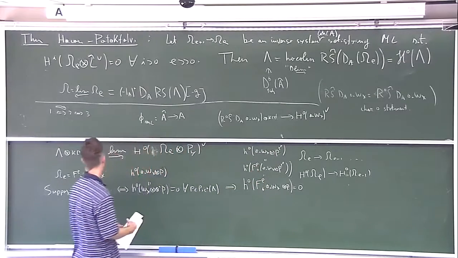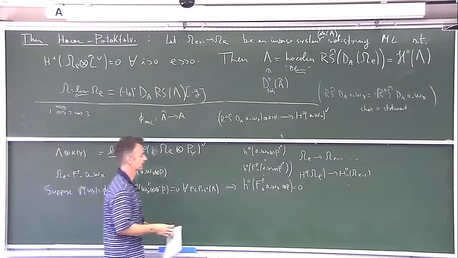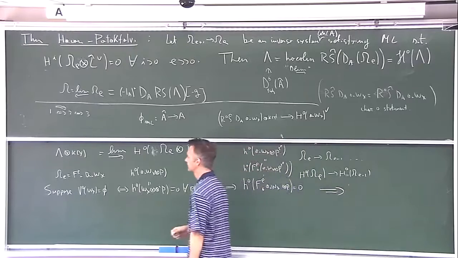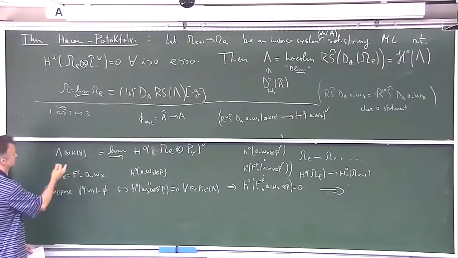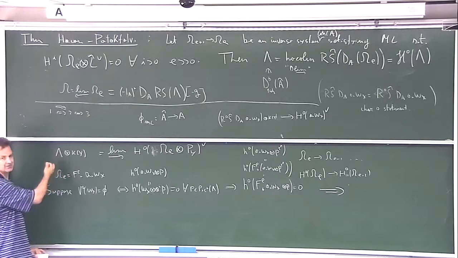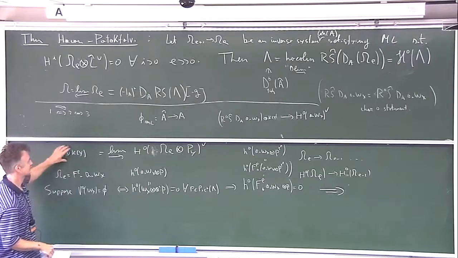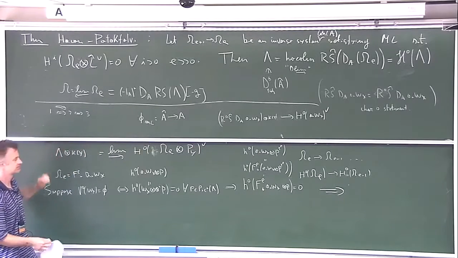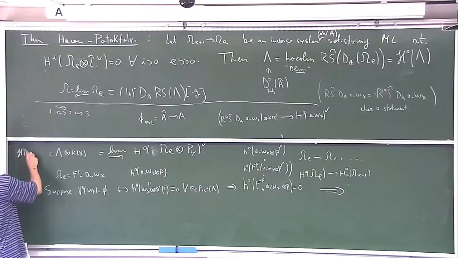But then from this fact I get that, okay, this is true, because lambda is equal to H0 of lambda. Saying that this is equal to that is telling you that this is a sheaf in degree 0. Remember, this is the same as H0 of lambda.